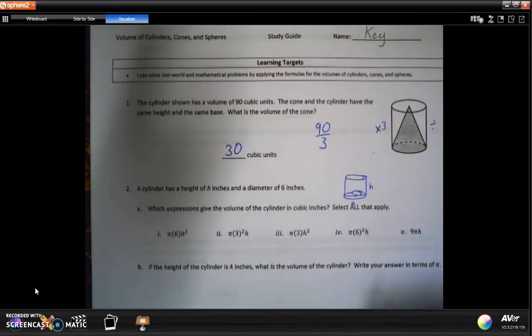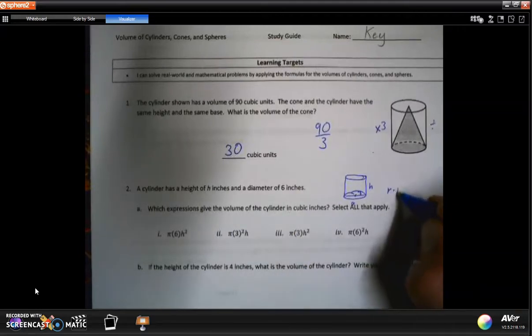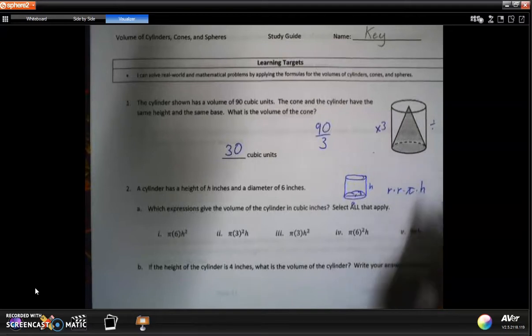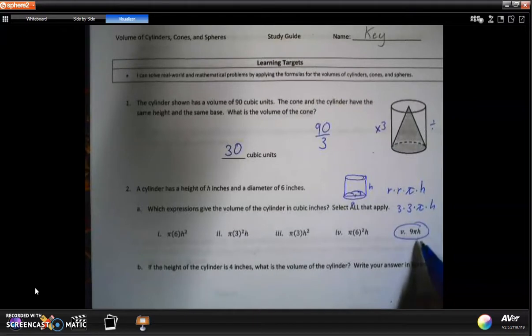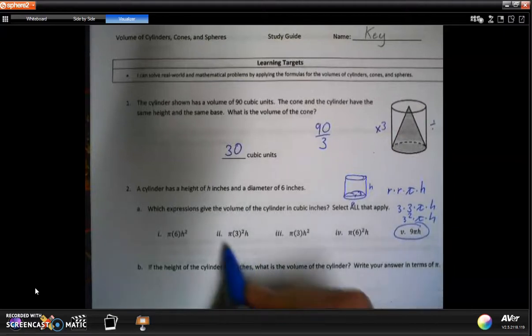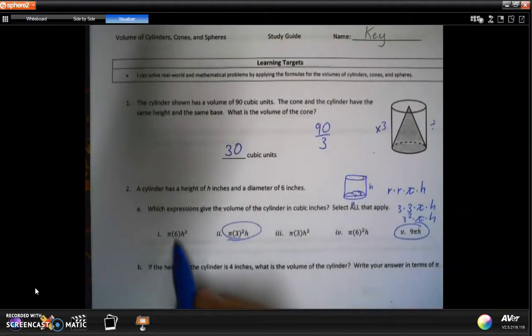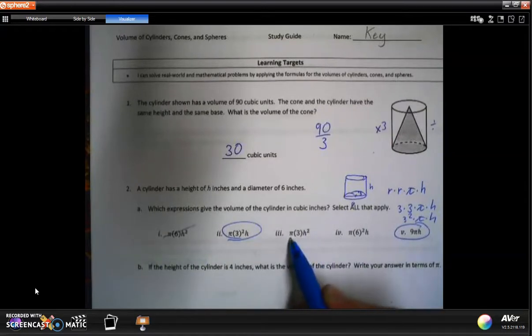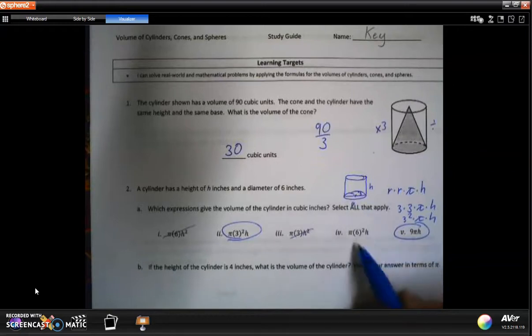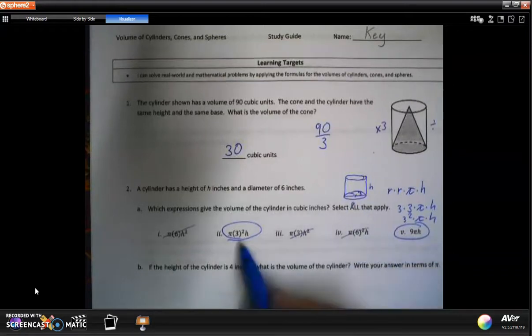Okay, so the cylinder is radius times radius times pi times height, or 3 times 3 times pi times height. 3 times 3 is 9 times pi times height. 3 times 3 is also 3 squared times pi times height. So 3 squared times pi times height. No, 6 squared, that's the diameter squared. That might trick you, but no. So it's those two right there.